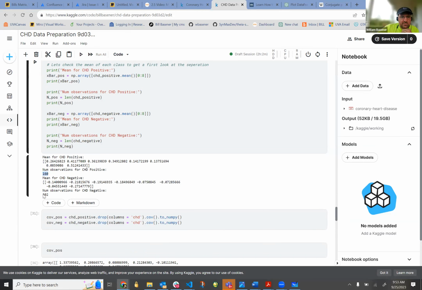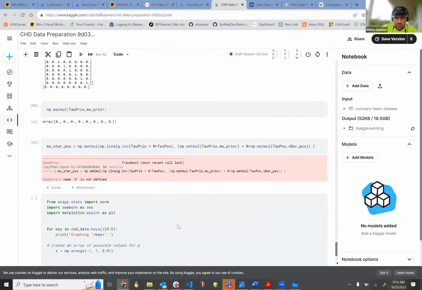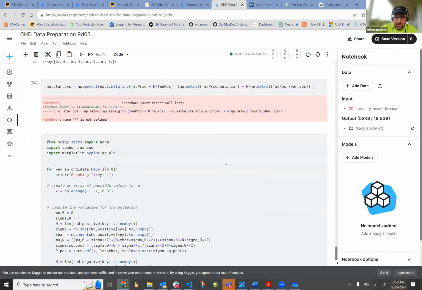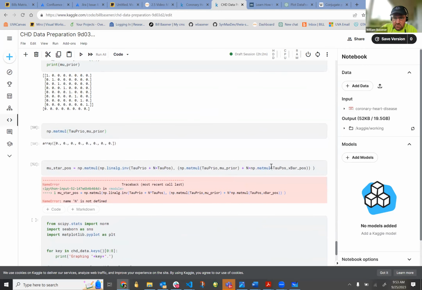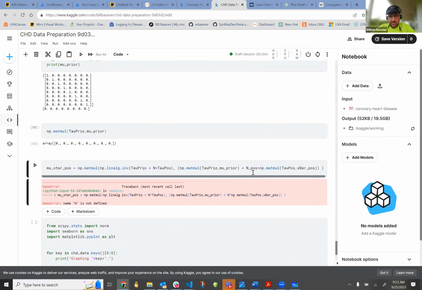Okay, 160 and 302. Those were things we saw above. So now when we go into this computation, this n will be n positive.